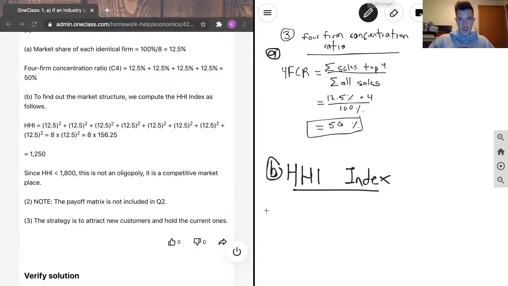So in our case, it is going to equal 12.5 squared for the first firm, plus 12.5 squared for the second firm, plus dot dot dot, plus 12.5 squared for the 8th firm.